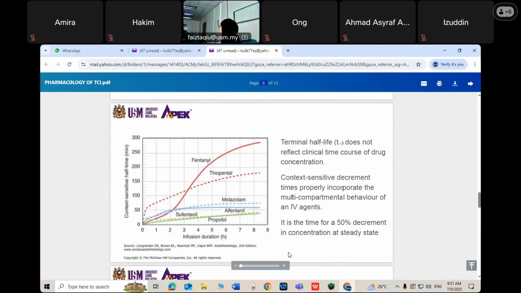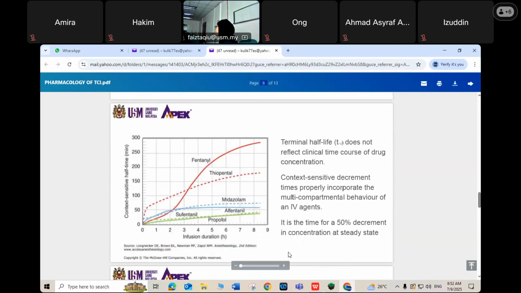The advantage of inhalational is you can read the end-tidal concentration, your MAC, and once you switch off, you know that within a few minutes the patient will wake up. But with infusion we don't know. So the advantage of using TCI is that for the drugs we use, we know the context-sensitive half-time. That's the use of context-sensitive half-time, to compare against inhalational, because with inhalational we know already: you stop, within a few minutes the patient will wake up.